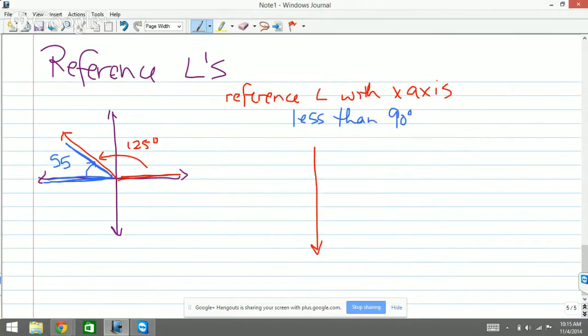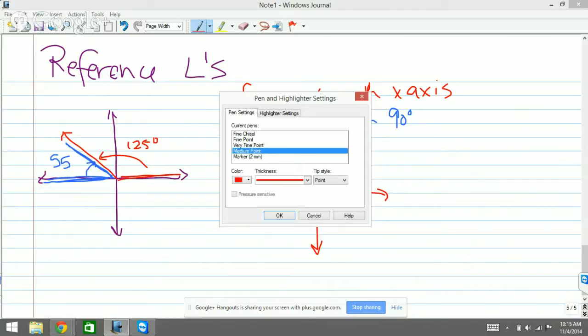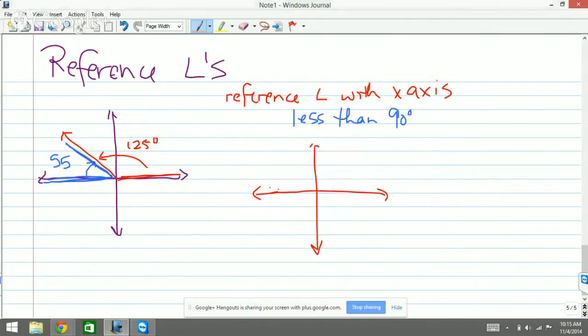Let's try another one. Let's make that just a touch smaller. Okay, it's ugly all the way around. What about this angle here at 300 degrees? What's the reference angle?